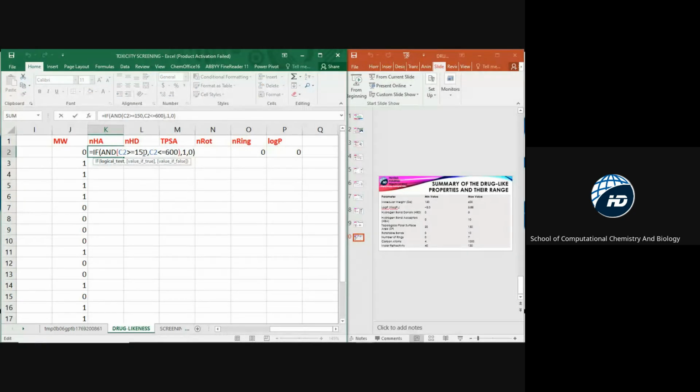Hydrogen bond acceptor is between what? We are saying 3 to 5. Acceptor, 0 to 10.